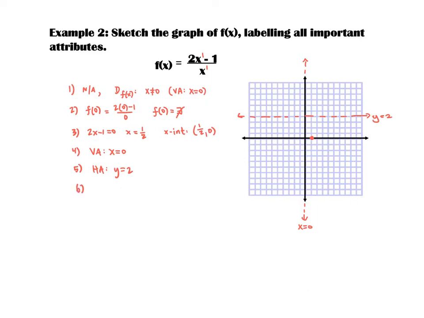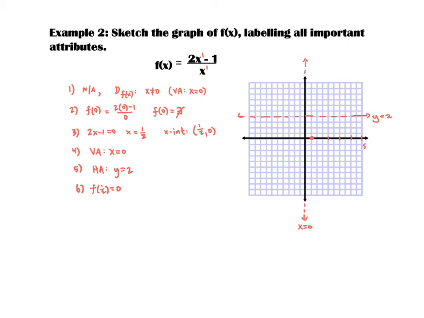Now we're going to plot at least 2 points on either side of the vertical asymptote. We've already got f of 1/2 is equal to 0. Let's go out here, to 5.